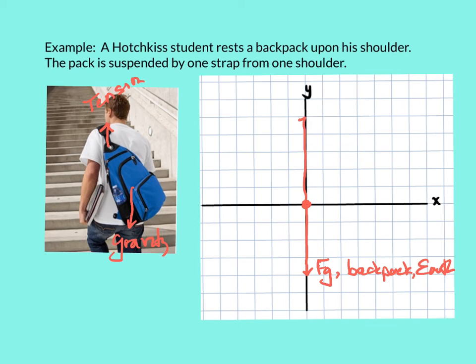And you got the force of tension on the backpack by the strap. Then we should note that these two things are congruent, right? It's just suspended there, so our acceleration is 0, so our net force is 0. We're just talking about this backpack.